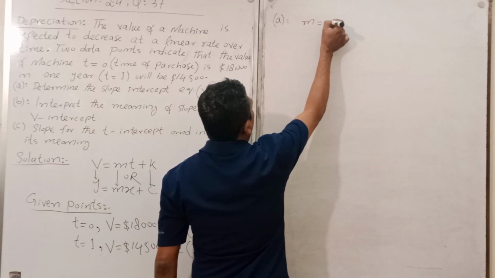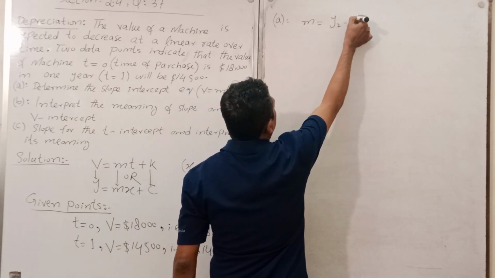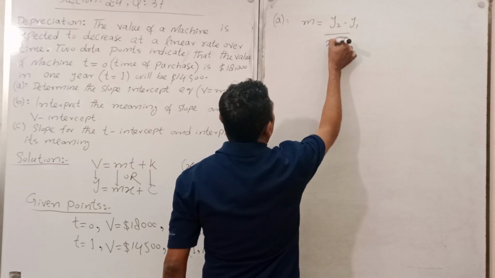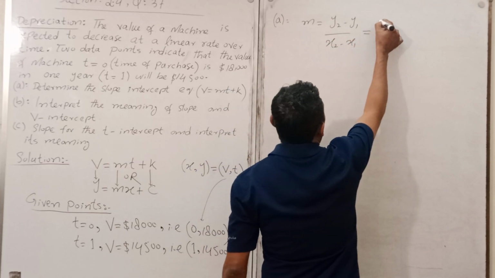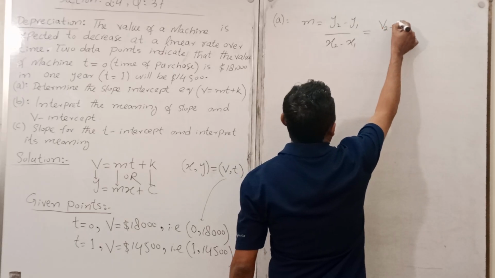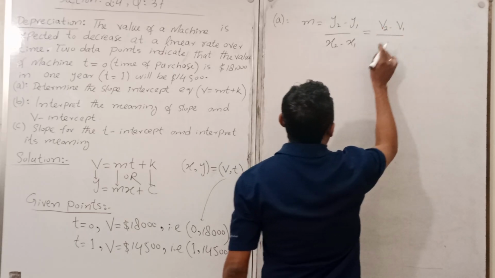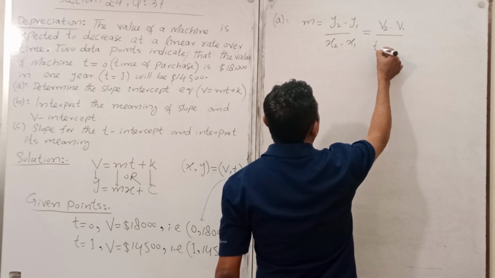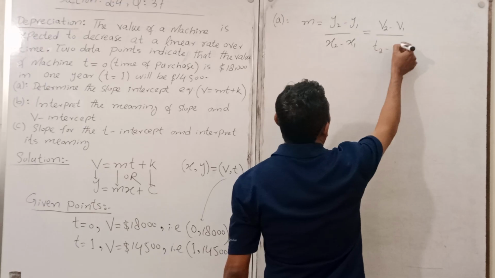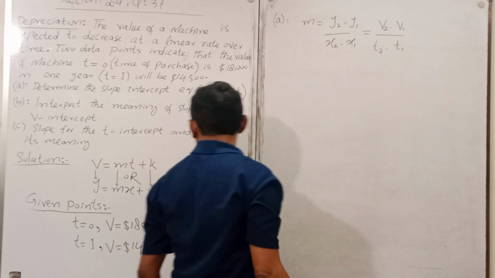What is the slope equal to? y2 minus y1 divided by x2 minus x1. So I can write here v2 minus v1 divided by t2 minus t1.